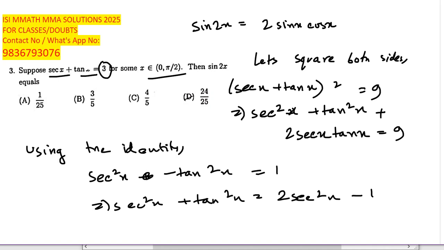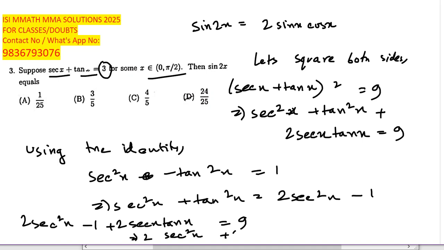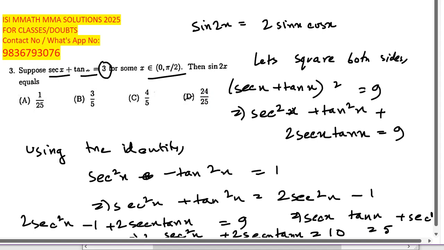So 2 sec square x minus 1 plus 2 sec x tan x is equal to 9, or 2 sec square x plus 2 sec x tan x is equal to 10, or sec x tan x plus sec square x is equal to 5.